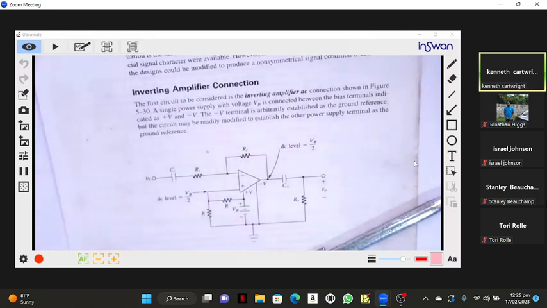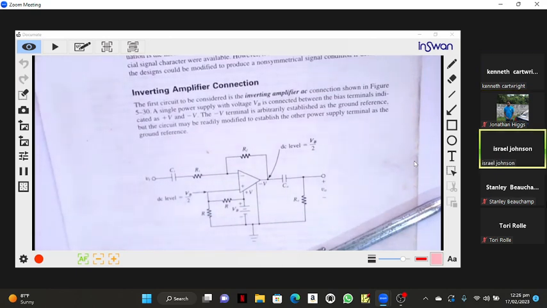Is that what you're saying, Mr. Johnson? I believe when it's a dip, or if it loses, when it has a drop in power, that's when it'll discharge.